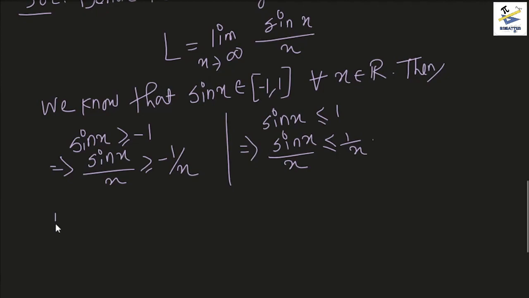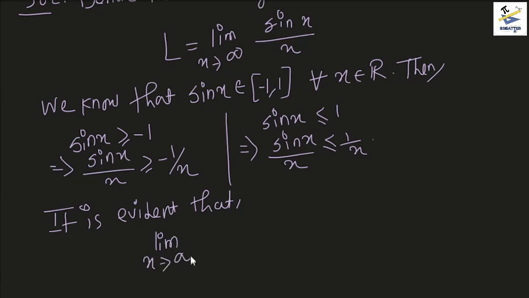It is evident that the limit as x tends to infinity of 1 by x is equal to the limit as x tends to infinity of -1 by x, which is equal to 0.